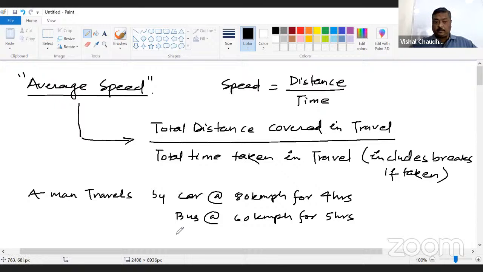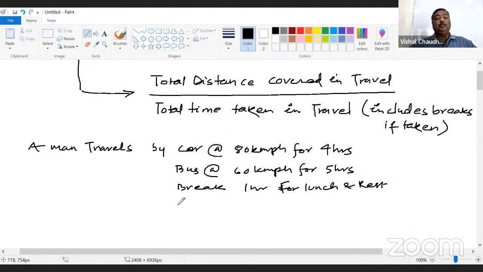Then takes a break of 1 hour for lunch and rest, and then goes by car at 100 km per hour for another 5 hours.